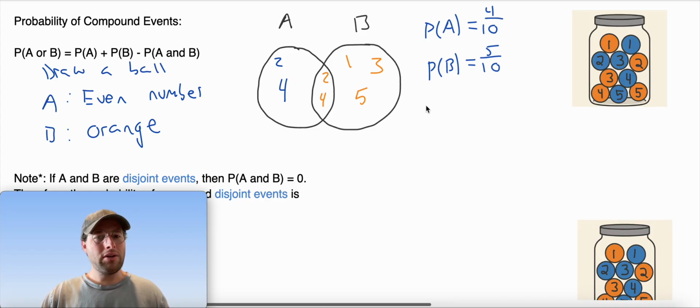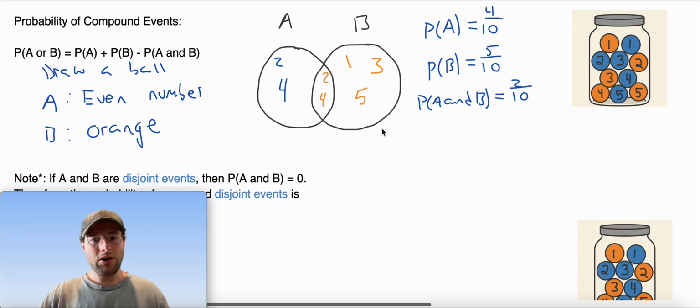And then the probability of A and B. That is going to equal the outcomes that are in this shared region here between events A and B. So there are 2 favorable outcomes out of our 10 possible outcomes.